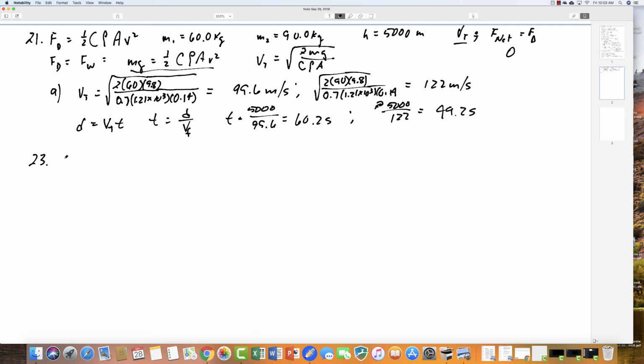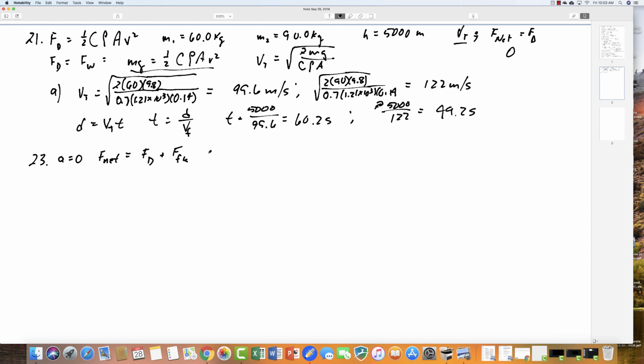Okay, the next problem, problem number 23, again looks at a situation where the acceleration is 0. So that means that F net has to equal the drag plus the friction, the coefficient of kinetic friction.